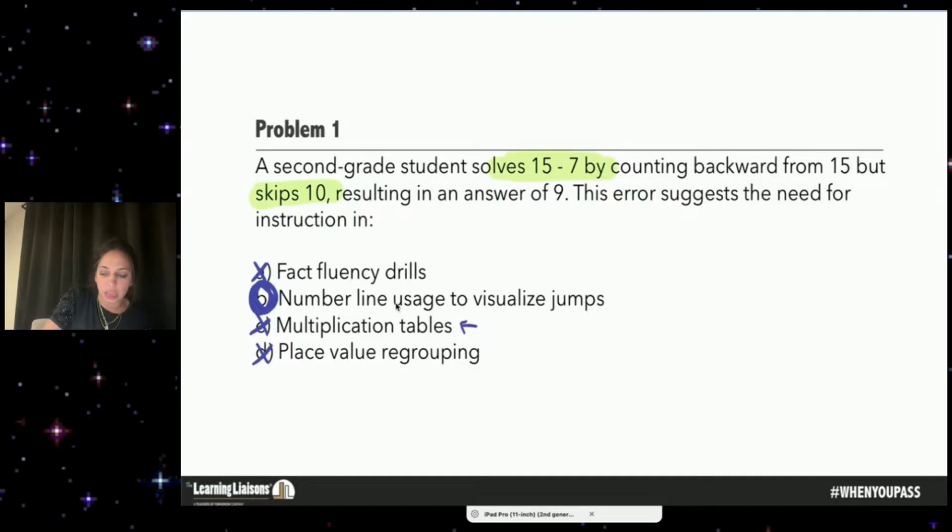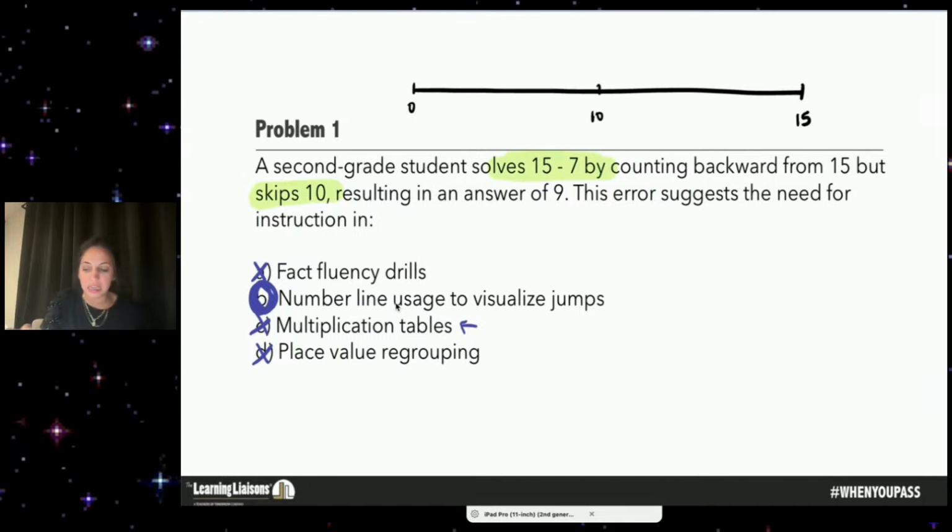And so when we look at number lines, 0, 10, 15, if the student can visualize this on a number line, 10, 11, 12, 13, 14, 15, then 10, 9, 8, 7, 6, 5, 4, 3, 2, 1, it will help them. And those are definitely not equally spaced, which we would want them to be.